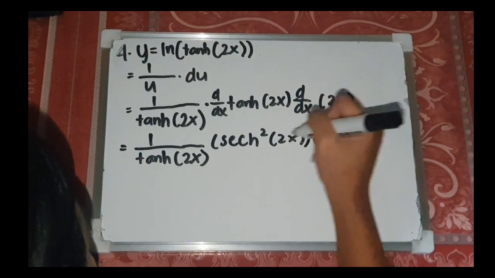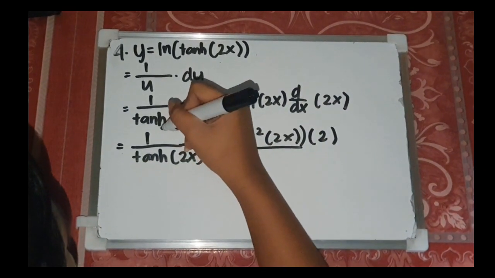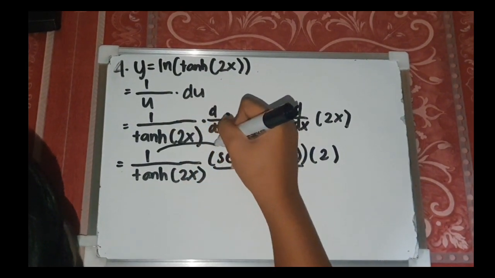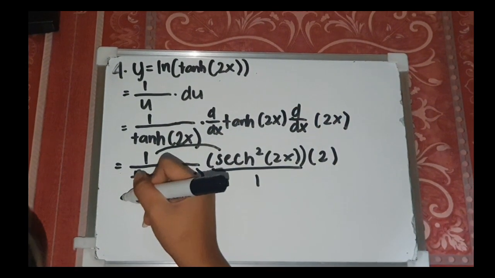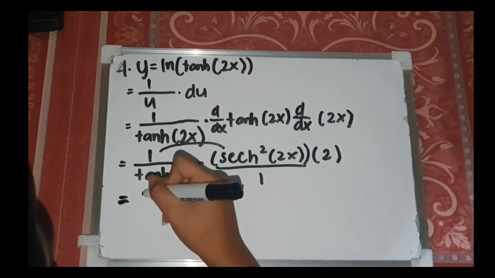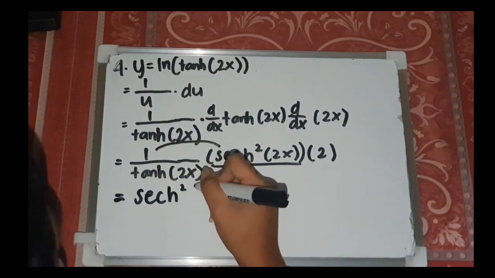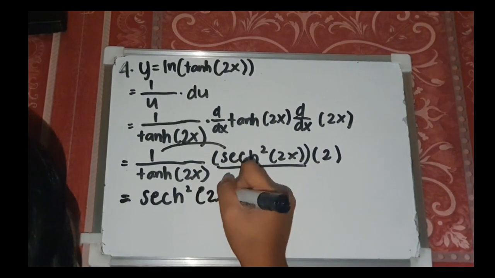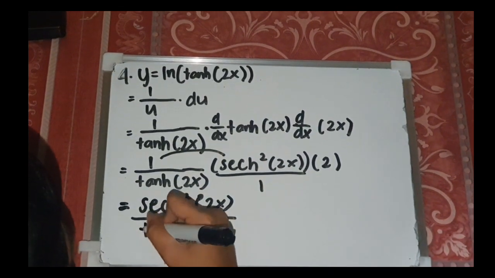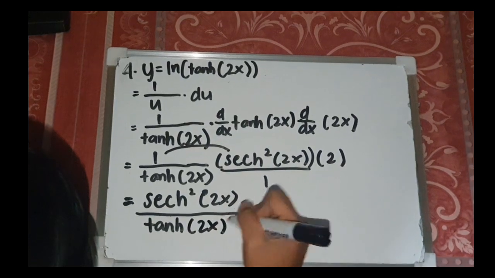And then 1 times hyperbolic secant squared 2x over hyperbolic tan 2x times 2.